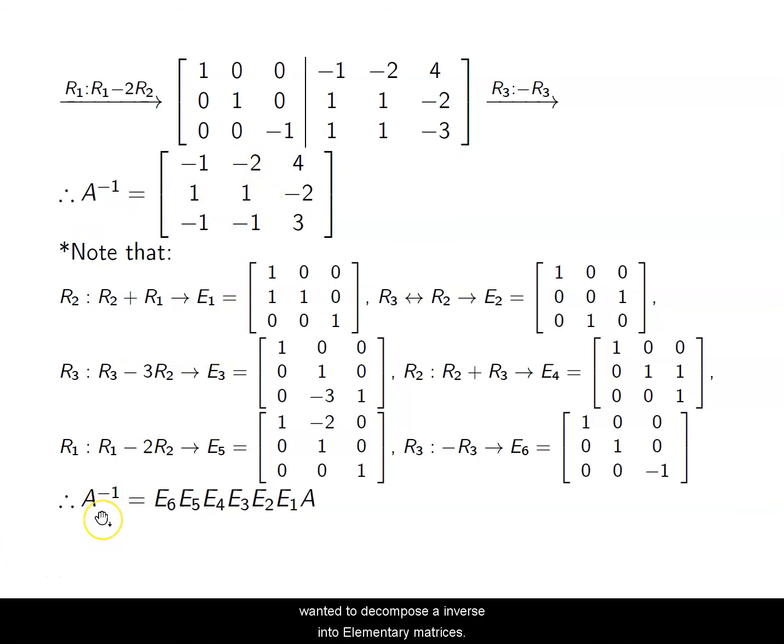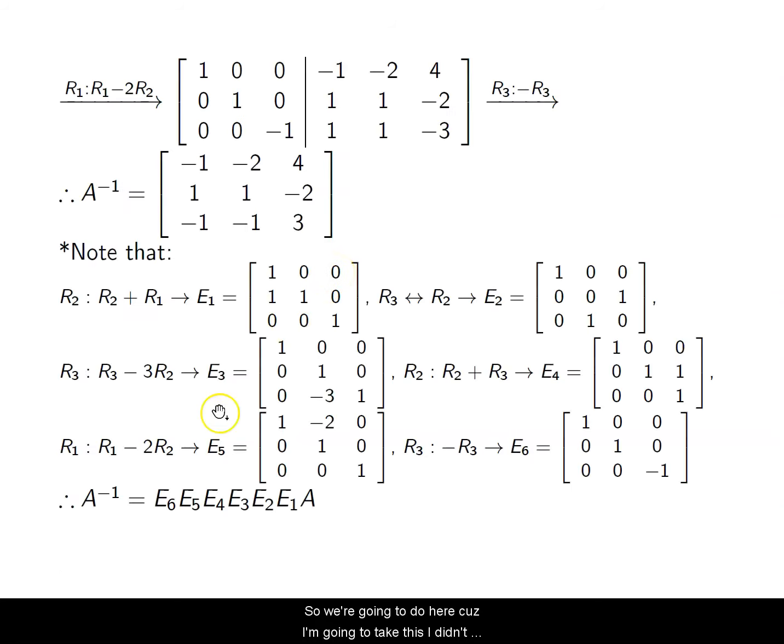If I wanted to decompose A inverse into elementary matrices, times your original matrix, this is what that decomposition would look like. Okay. So A inverse is now written as a product of 7 different matrices. Okay, I decompose it into 7 matrices.